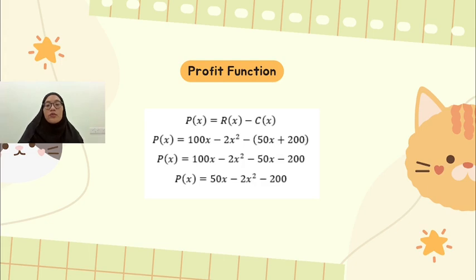For the cost function, we need to put a bracket in front because there is a minus in front of it. Next, we expand the bracket. It will become 100x minus 2x squared minus 50x minus 200. So we subtract 100x minus 50x, and it will become 50x minus 2x squared minus 200. So this is the profit function.